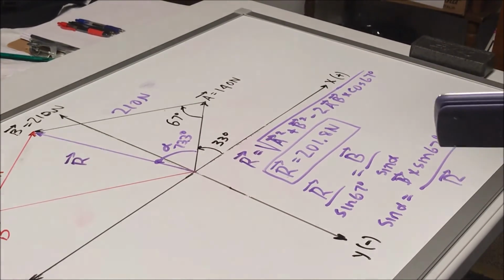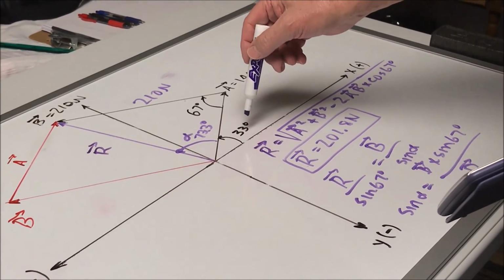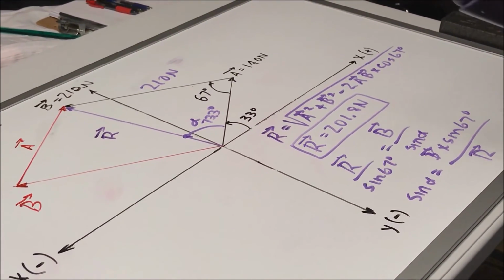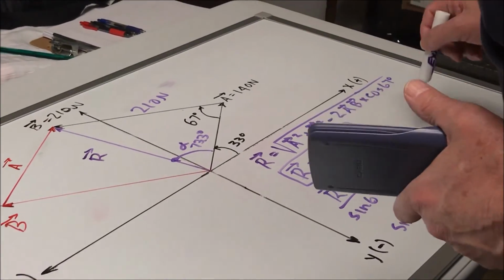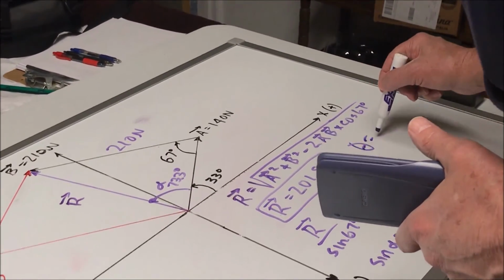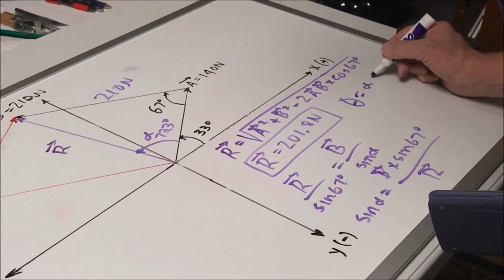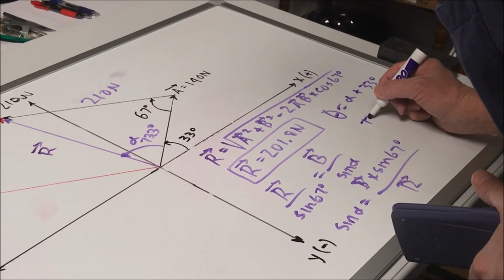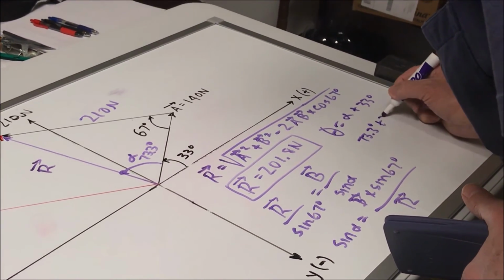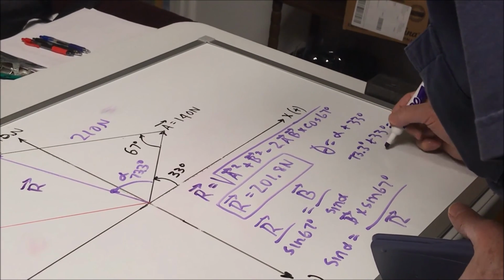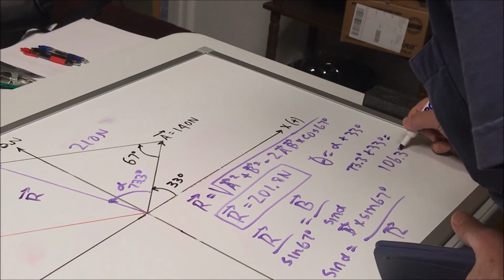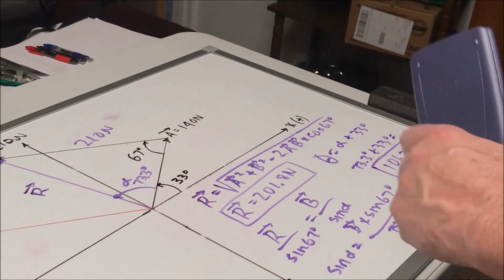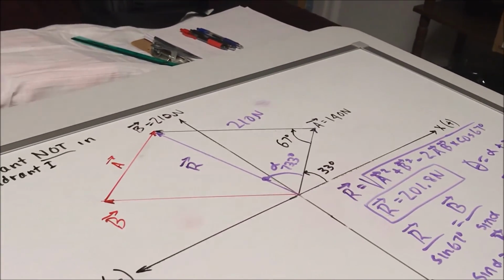Now this is critical that we understand what we're doing right here, because when we add the 33 degrees and the 73.3 degrees, just like we did in the previous example, that's going to give us this angle theta, which is equal to alpha plus that 33 degrees, which is 73.3 degrees plus 33, which is equal to 106.3 degrees. So with reference to the x-axis, we have our resultant vector, which is 106.3 degrees.